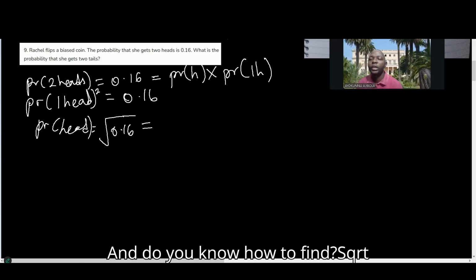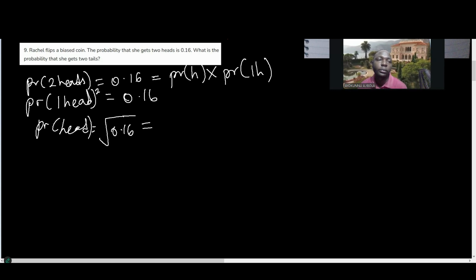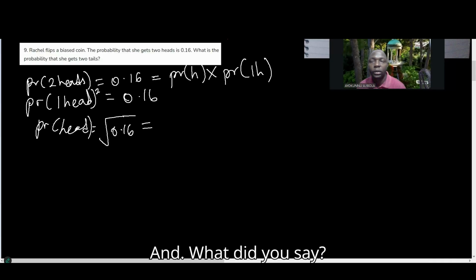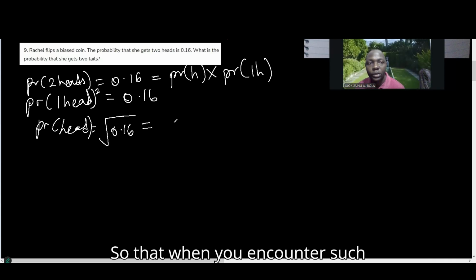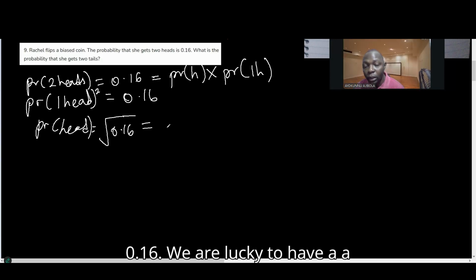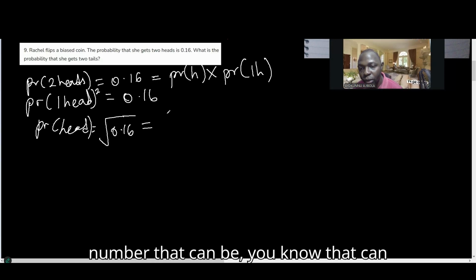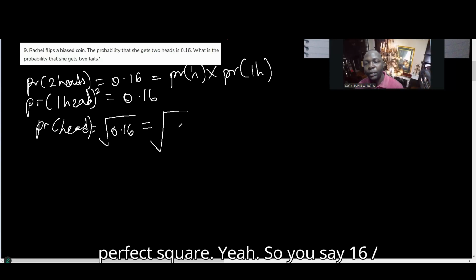Do you know how to find the square root of 0.16 without using a calculator? No. Okay, watch, so that when you encounter such a situation, you know what to do. 0.16, we're lucky to have a perfect square. So you say 16 over 100.